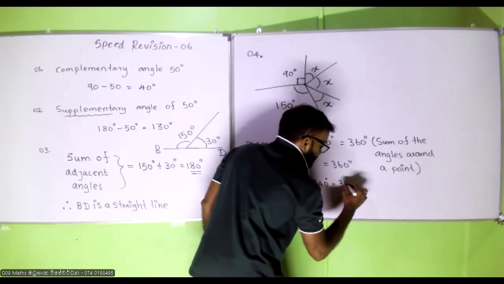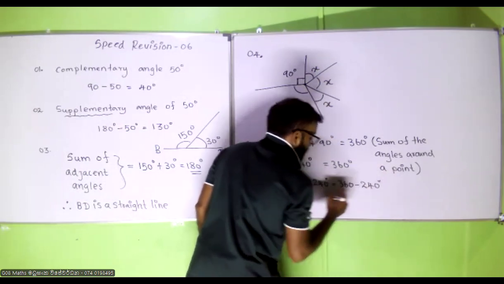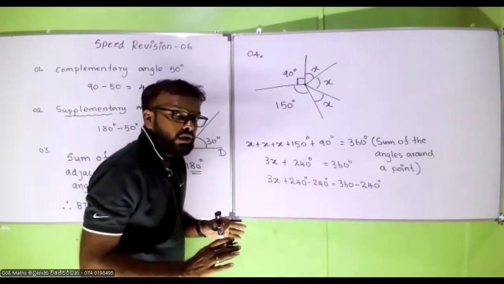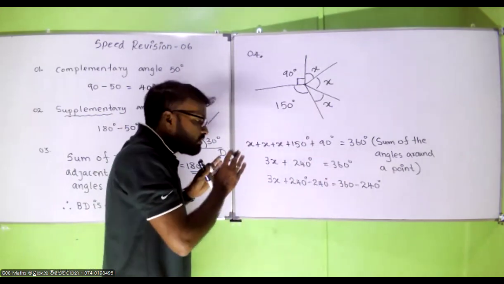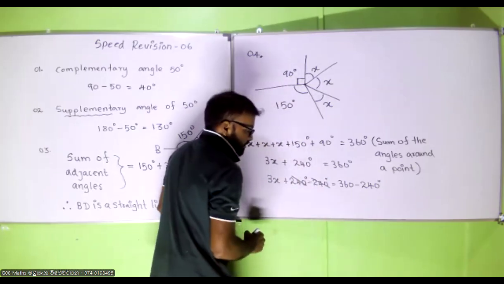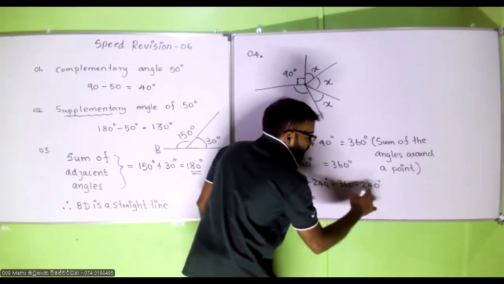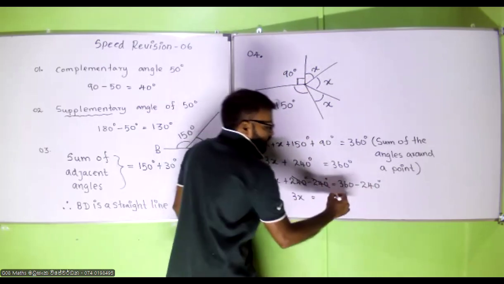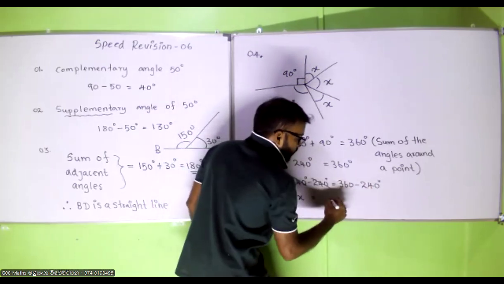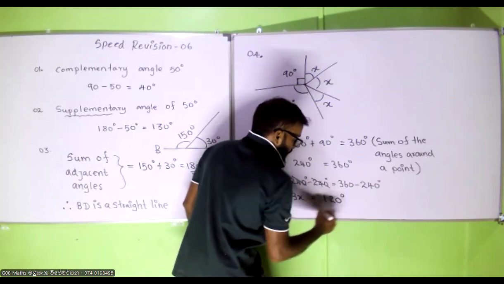So for 360, you have to do the opposite thing. From both sides, you subtract 240 if you want to remove it from the left hand side. So 3x equals 360 minus 240, which is 120.